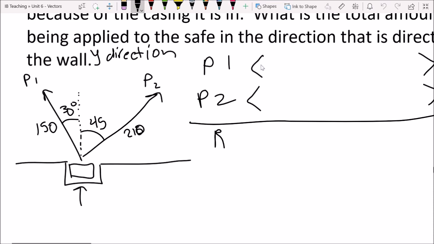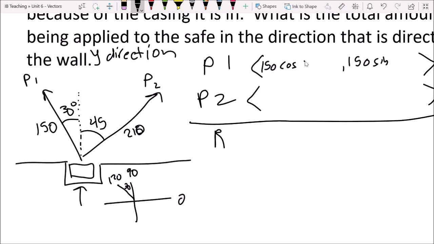Person 1 is pulling with 150 pounds of force, so this is 150 cosine of the angle and 150 sine of the angle. But what's the angle? Now remember, it's unit circle. So if this person's over here 30 degrees, if that's 0 and that's 90, 30 more would put this at 120 degrees on the unit circle. So I'm going to drop a 120 in here.